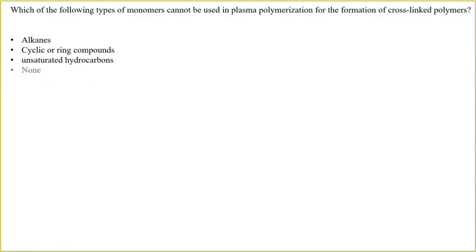Which of the following types of monomers cannot be used in plasma polymerization for the formation of cross-linked polymers? Alkanes, cyclic or ring compounds, unsaturated hydrocarbons. So for a standard polymerization process, none of these can be used since they are not suitable for plasma, as plasma is a very high temperature polymerization reaction, and alkanes, cyclic compounds, or unsaturated hydrocarbons can create unwanted byproducts during the plasma polymerization.